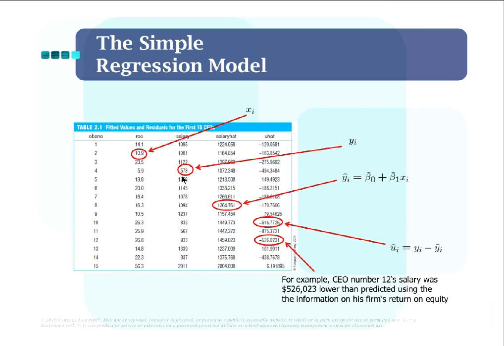This ROE is x, and the salary hat, for example this one, equals 963 point something plus 18.501 times 14.1, roughly equal to this one.